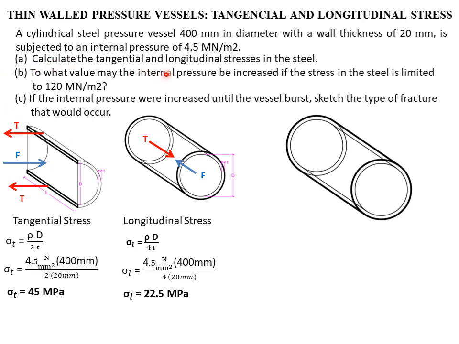To what value may the internal pressure be increased if the stress in the steel is limited to 120 megapascal? The problem is asking for the required pressure so as not to burst the steel tank, with a steel stress limit of 120 megapascal. So what can we use, the tangential or the longitudinal?